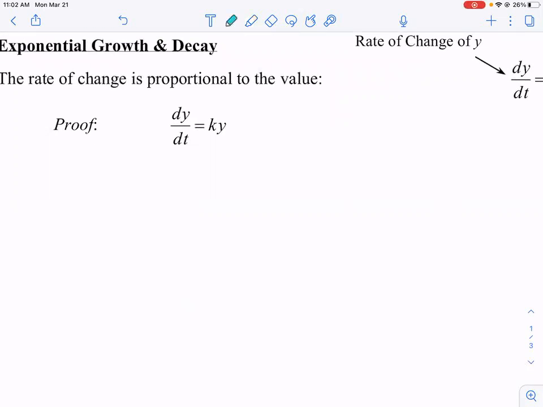Let's separate our variables. What do we do? We're going to have to take that y over, right? So 1 over y dy equals, I'm going to leave k over with the dt.